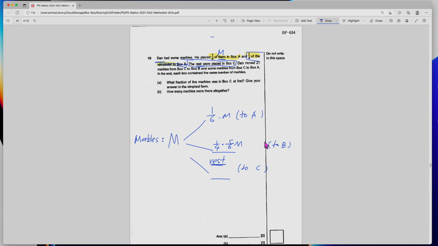Okay, 5/24. So it's 5/24 M, right? Yes. Okay, must have an M, because you start with the M. So in a way you don't need this anymore. Okay, so now giving away 1/6 M, giving away 5/24 M, so what is the rest? How do you find the rest?